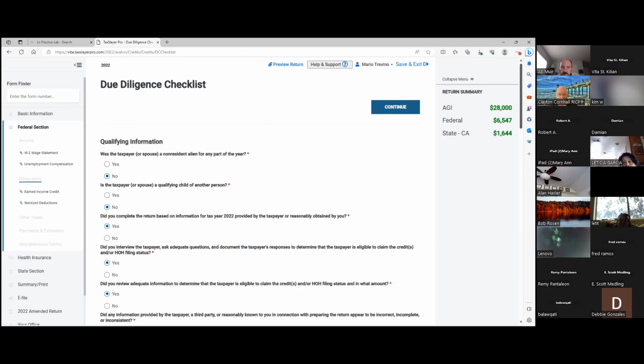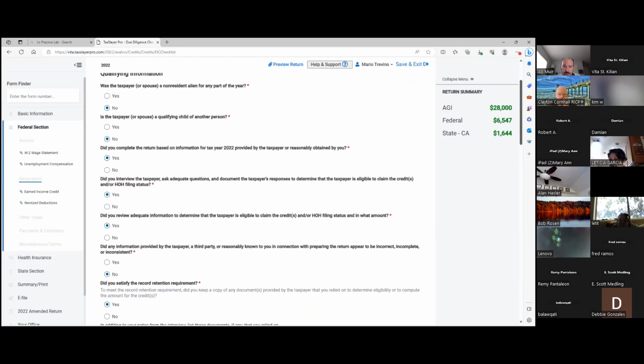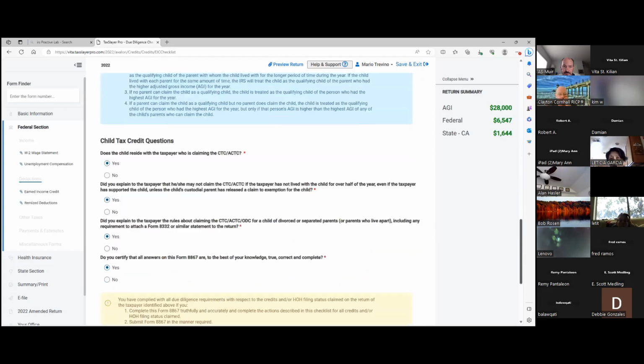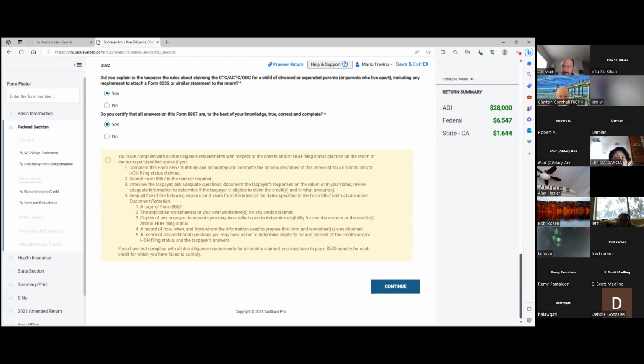I'm not sure why it went away the second time. Okay, and so thank you. So if you are preparing a return and this pops up, then you can populate it like I did, and then hit continue, and you're done. For some reason, I left the screen, and when I came back, it did not come back. I just judged it to be a glitch.